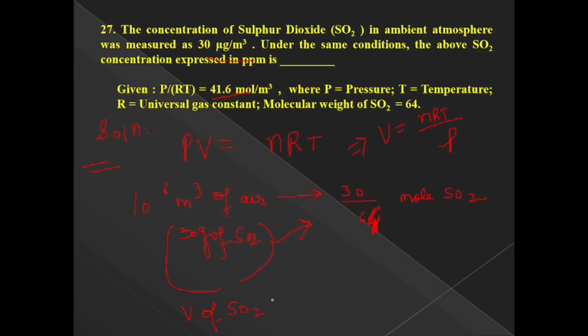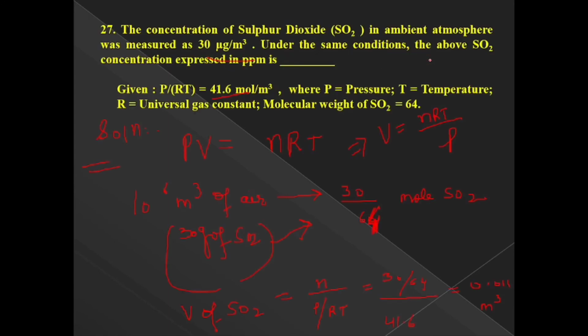V of SO2 is equal to n divided by P by RT. n is equal to 30 divided by 64, P by RT is equal to 41.6, and after calculation I found the value as 0.011 meter cube.